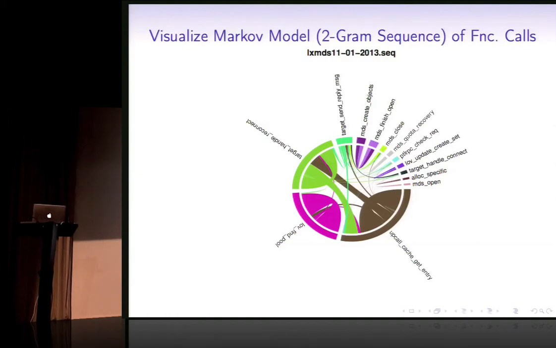Wherever you see an arc with a line connecting, it means this system call, logical object volume find pool, was a repetition. This happened several times. When the system call was LOV find pool and the next one was target handle reconnect, you see this kind of line.